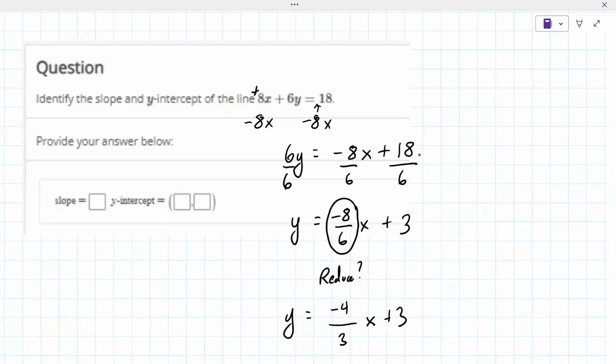So what is the slope? -4/3. It's the number in front of x. It's everything in front of x. The y-intercept would be 0 and 3.